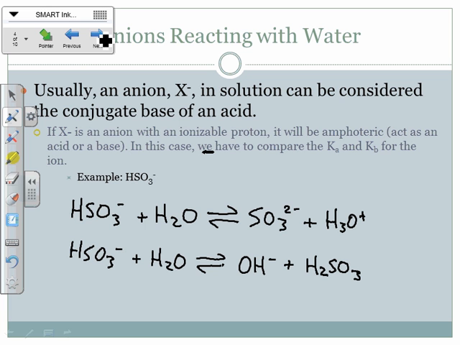So what we have to do to figure out which one of these is going to happen the majority of the time in the solution is look at the Kas for those. I actually need to look that up really quick because I didn't have it in front of me. This is tricky because what the book gives us is the Ka for H2SO3, which is 1.7 times 10 to the negative 2.